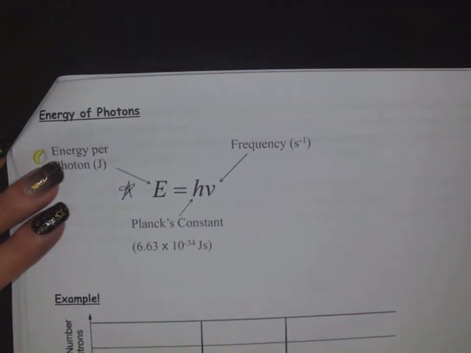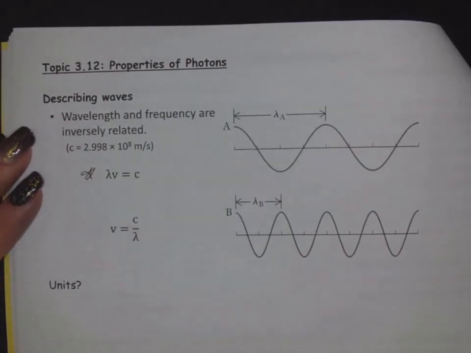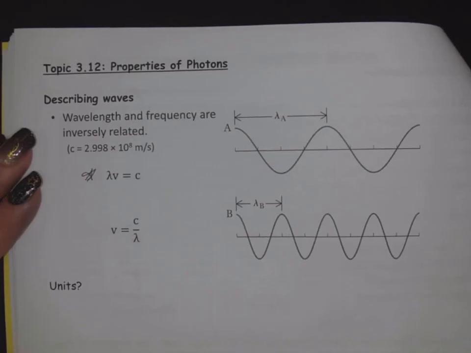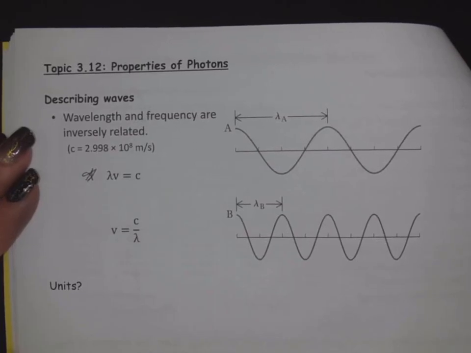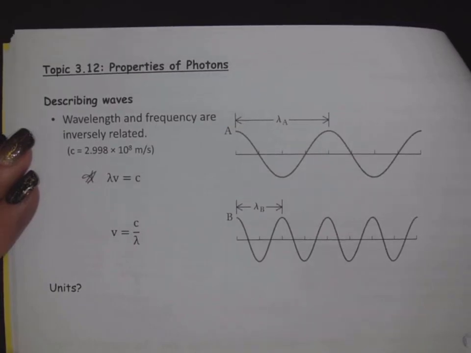So when we have these goals that we're setting for us, this is the goal that I want you to achieve, is know these equations, understand them in a way that you can apply them and calculate with them. And both these equations are for photons, okay?